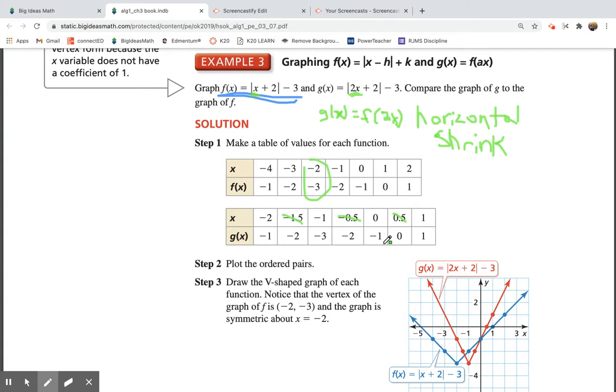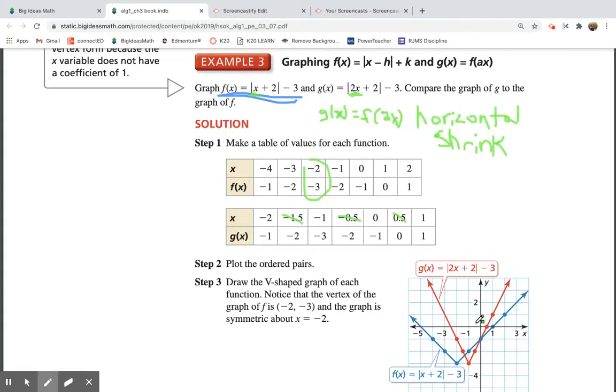So I would have just plugged in -2, -1, 0, 1, because let's see, if we plug one of those in, well, -2 times 2 is -4, plus 2 is -2, but then the absolute value of -2 is +2, minus 3 is -1. So that's all they've done, is they've plugged these x values into this equation or function.